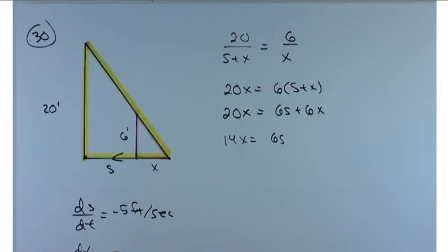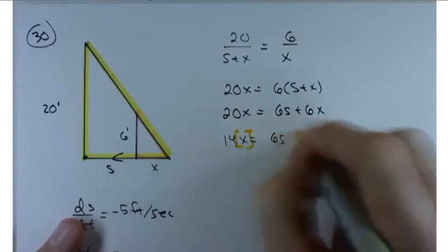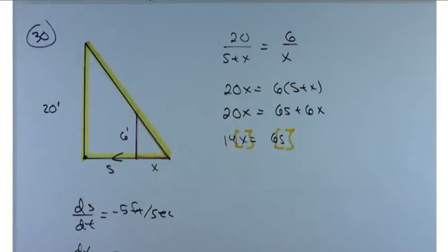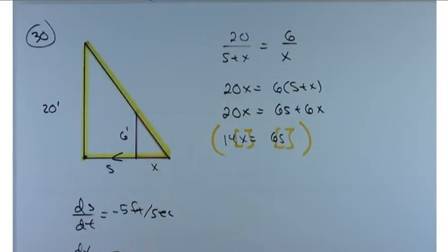Somebody said it. Differentiate. In fact, you have to differentiate implicitly here, right? So you could divide both sides by 14 first if you wanted to. It's not really going to make a difference. We're still going to get the same derivative, but we want to calculate d by dt of both sides.